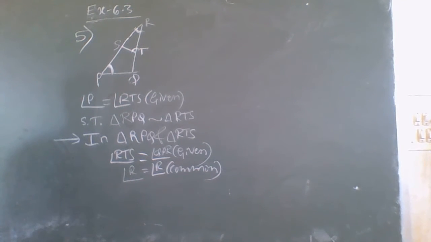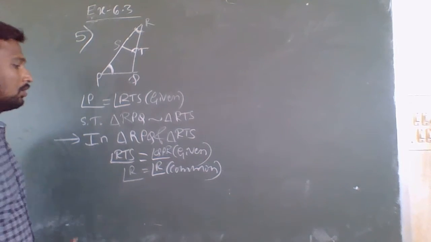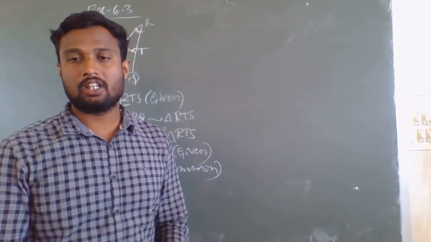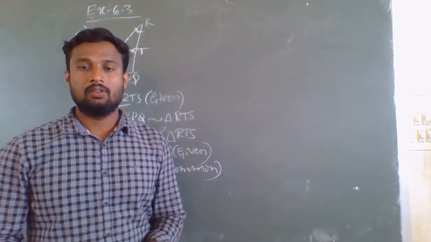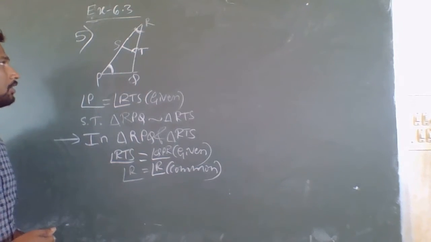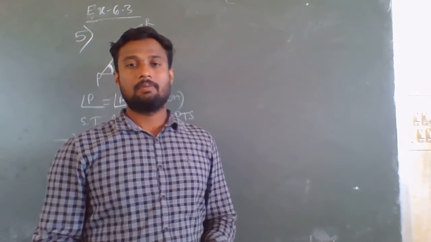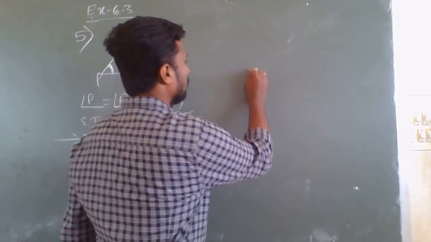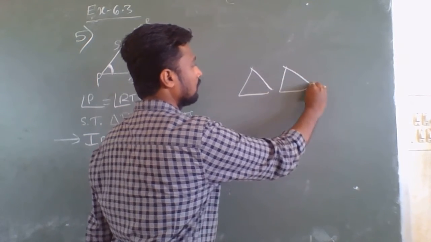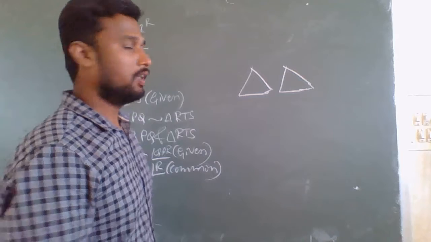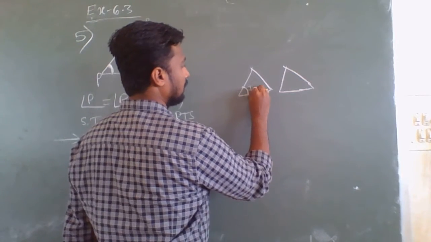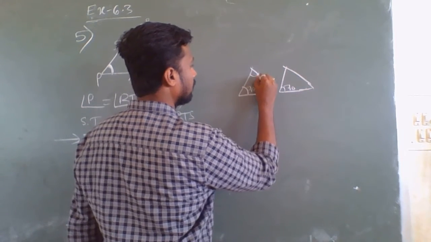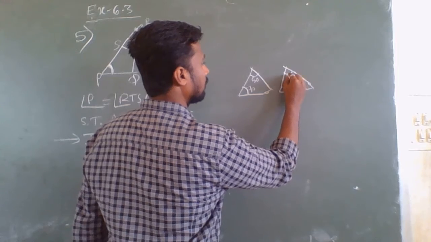Now we know that when two corresponding angles are equal in two triangles, we can say that the remaining third angle is also equal because of the angle sum property of a triangle. For example, consider these two triangles where this is 70 degrees, and the corresponding angle is also 70 degrees, and this is 50 degrees, and this is also 50 degrees.